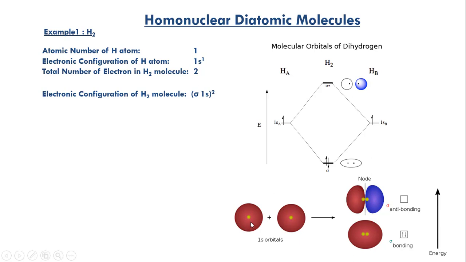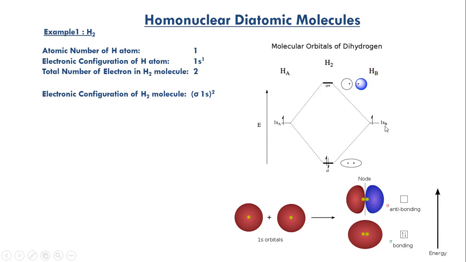So how many electrons will be there in the H2 molecule? One electron here, one electron here, totally 2 electrons. So this is the molecular orbital energy level diagram. One electron we keep in the pure atomic orbital of one hydrogen, and one in the pure atomic orbital of the other hydrogen.